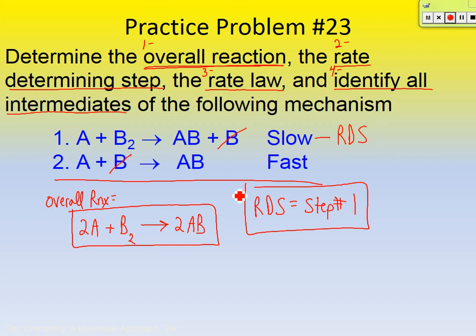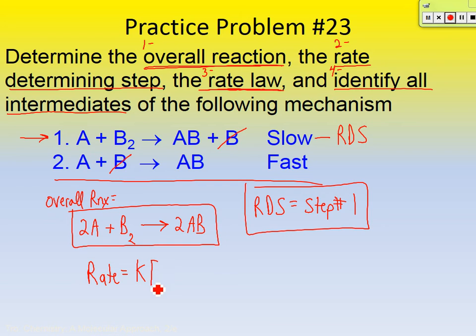The third thing was I wanted you to write the rate law for this overall reaction. My rate law has the general form: rate is equal to the rate constant. The rate law is always going to be determined by your rate determining step. So we're going to build the rate law from step number 1, because that's the slowest one. It looks like we have 2 reactants.